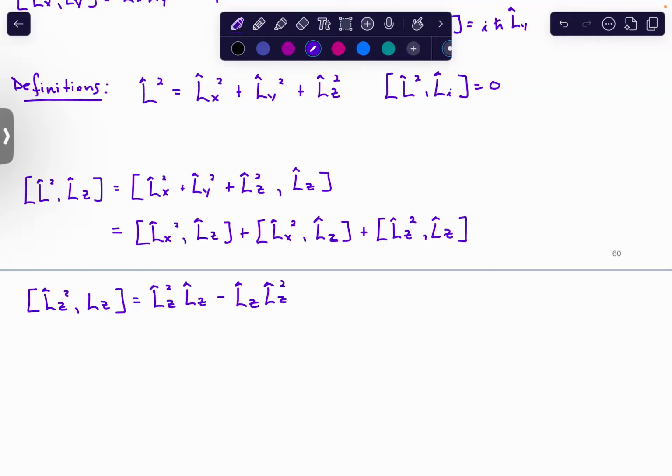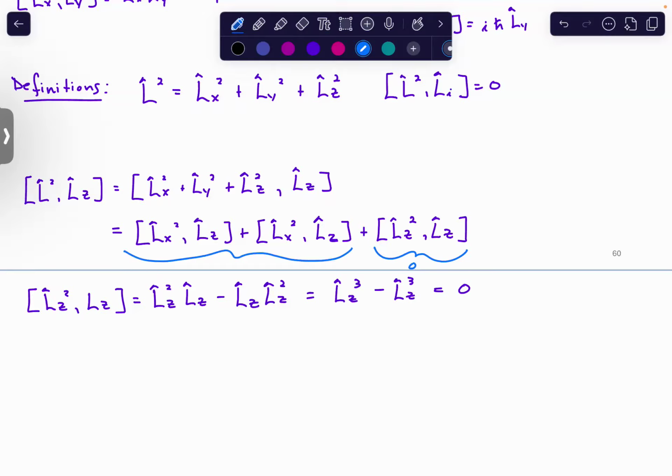Believe it or not, the way operators work, you remember we can't just simply flip them and have that be okay, because we don't automatically know that. In this case we can, and we end up with Lz cubed minus Lz cubed, which is very obviously 0. So that one's 0.